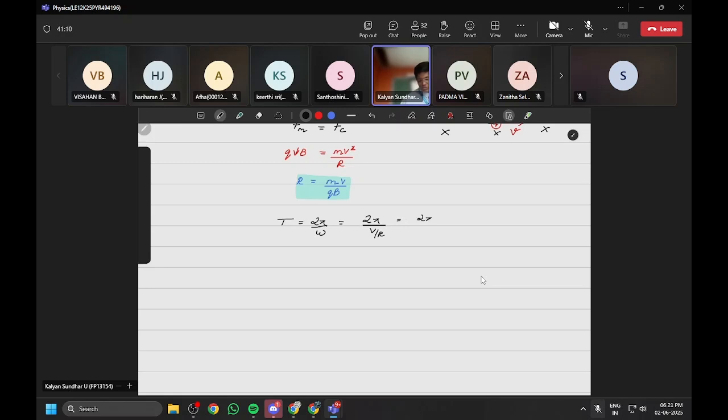So I can write it as 2 pi r divided by v. What is r? Radius, m into v by qB, which we just found. The v will get cancelled. So the time period in this magnetic field region will be 2 pi m divided by qB. It is not going to depend upon your velocity.